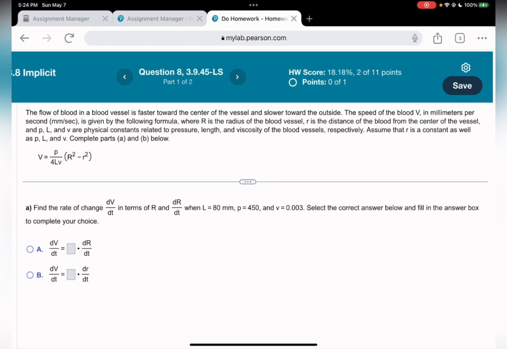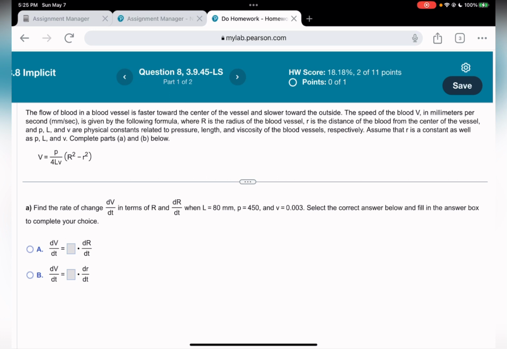The speed of blood v in millimeters per second is given by the following formula, where R is the radius of the blood vessel, lowercase r is the distance of blood from the center of the vessel, and P, L, and lowercase v are physical constants related to pressure, length, and viscosity of the blood vessel.